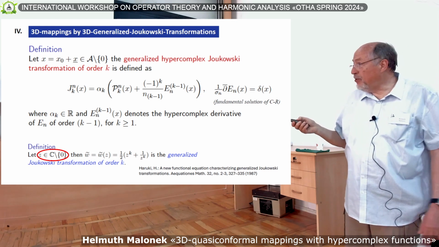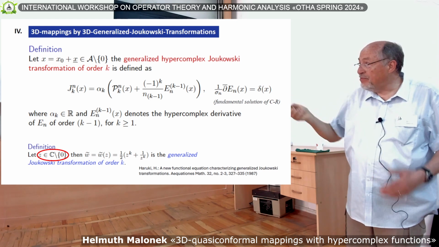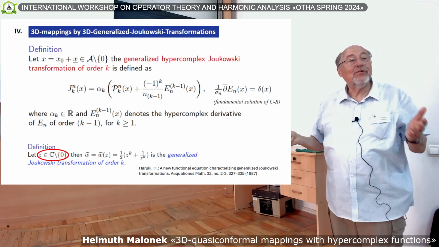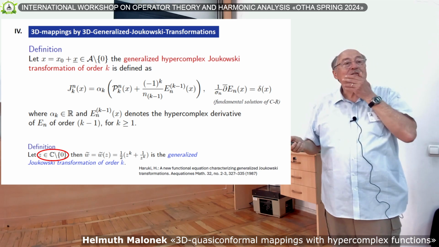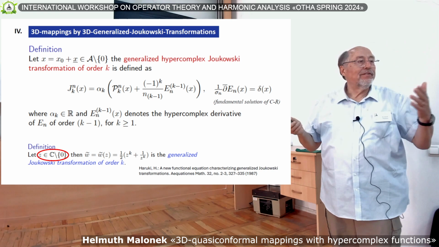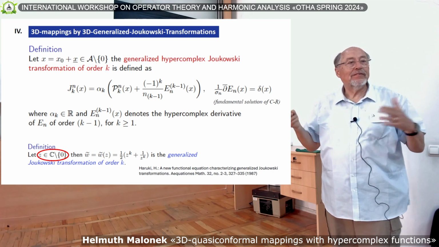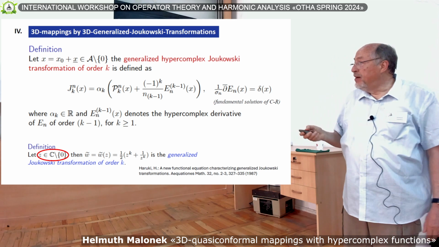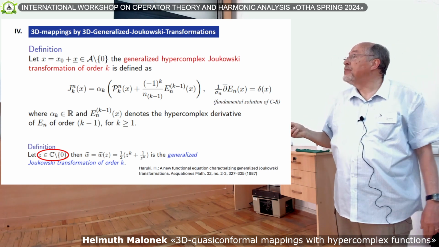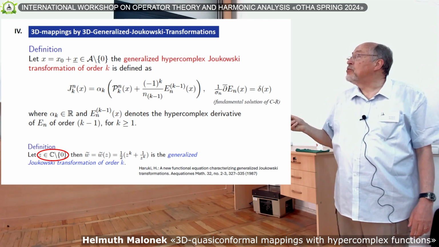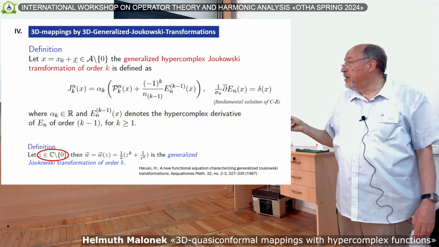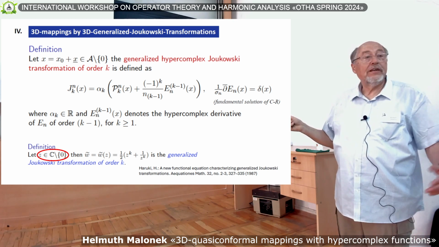And what was in the fourth part of my talk, yeah, I have time, I guess, 7 minutes, yeah, was the idea now to generalize the Joukowsky transformation, because this is very interesting. You know, airfoils are modeled by this. And what happens here is that for the 1 by z in the classical Joukowsky transformation, we needed to rely on the fundamental solution of the generalized Cauchy-Riemann equation.